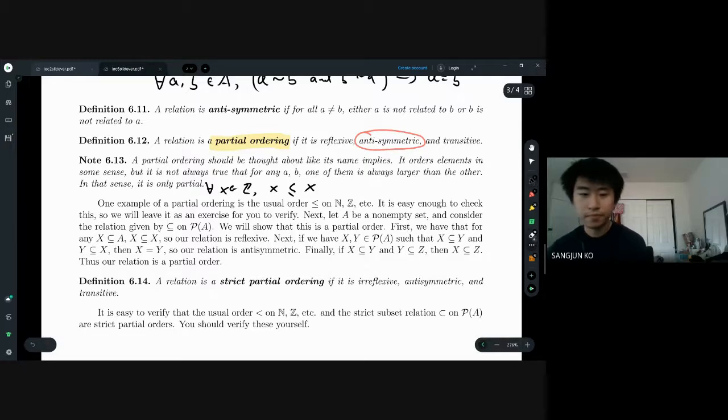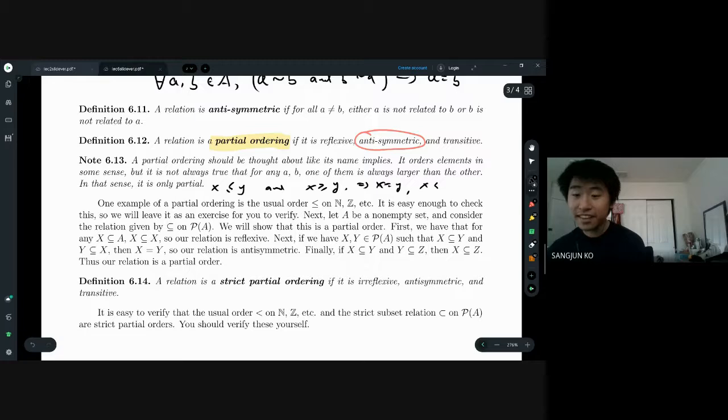Next, let's say x and y are in Z. If x is less than or equal to y, and x is greater than or equal to y, then this means that x is equal to y. Simple enough.